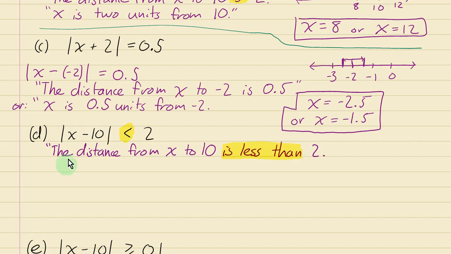Here that is written out. The thing on the left represents the distance from x to 10, and that must be less than 2. You could also write this in the other form, like so. x is less than 2 units from 10. And let's draw a picture of that.